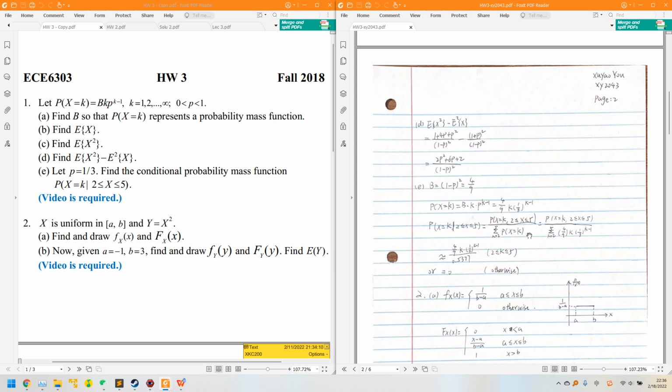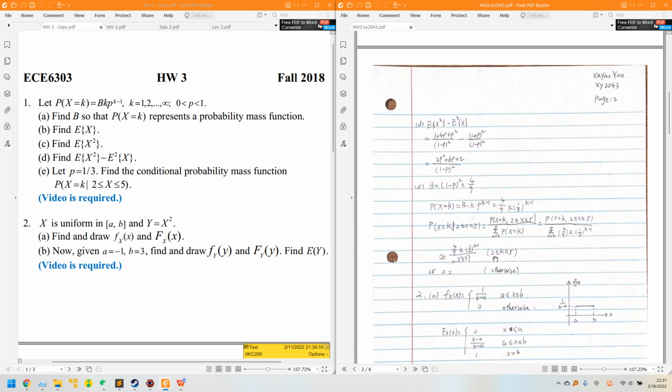And for this part, we need to calculate the sum where k is from 2 to 5, which is case 2 plus case 3 plus case 4 plus case 5, and finally we get a result that is 0.5377.